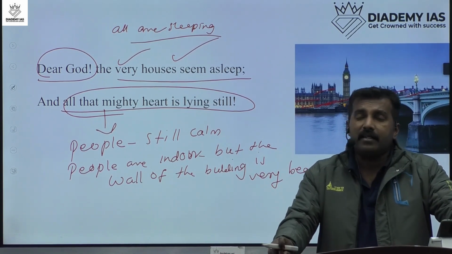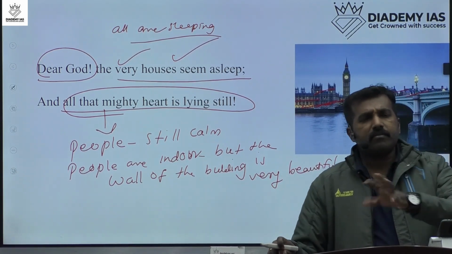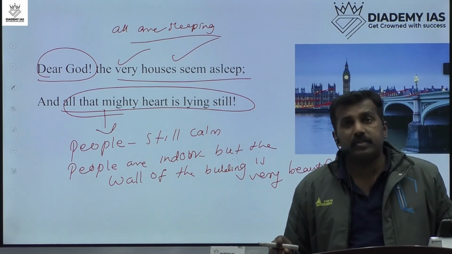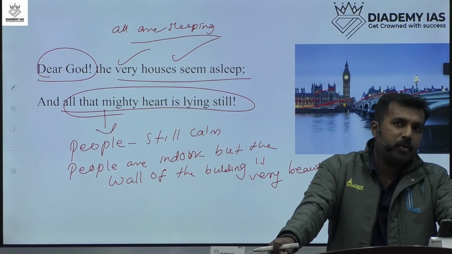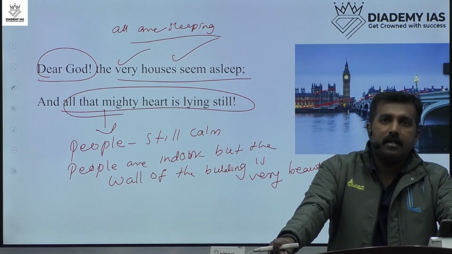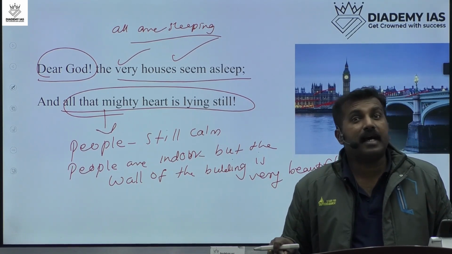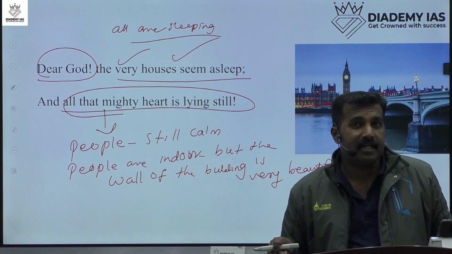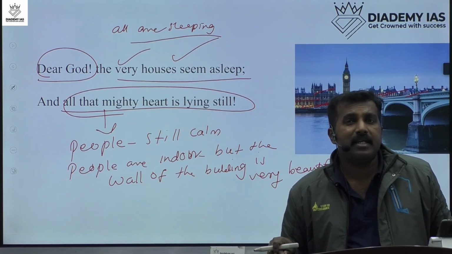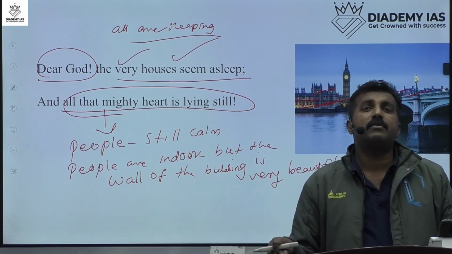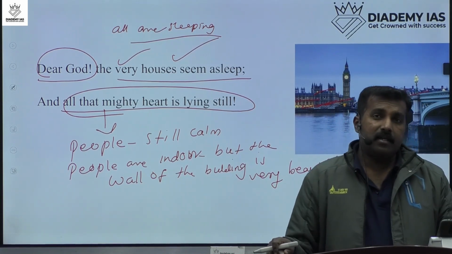And here we can revise the two Lucy poems. What's the difference between those two poems and this one? We already studied the two poems in the last classes, that is, Three years she grew and She dwelt among the untrodden ways.